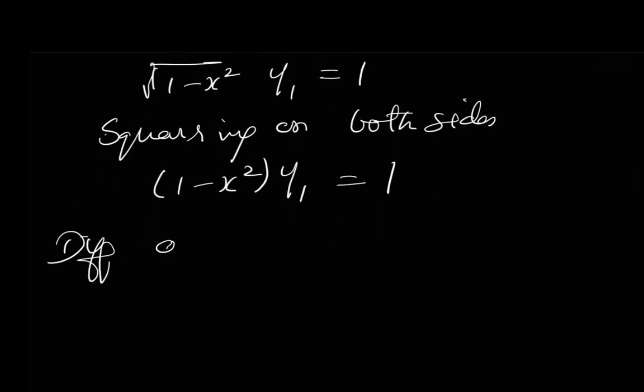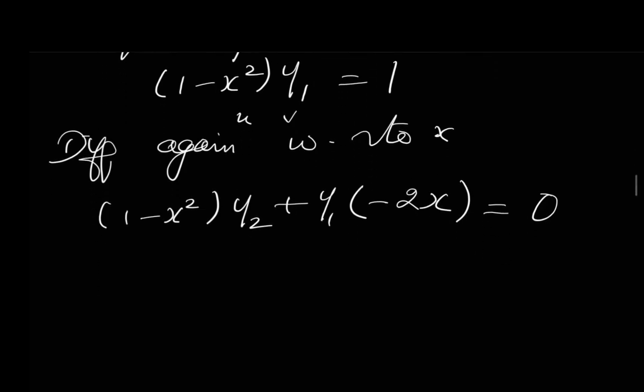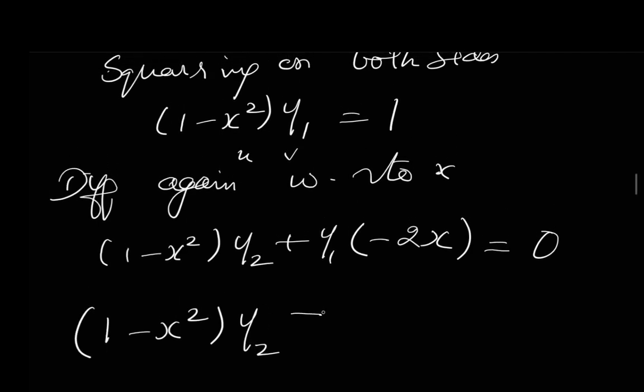Differentiate again with respect to x. So UV method. 1 minus x squared, differentiate y1, you will get y2. Then keep y1 constant, 1 is 0, x squared minus 2x.